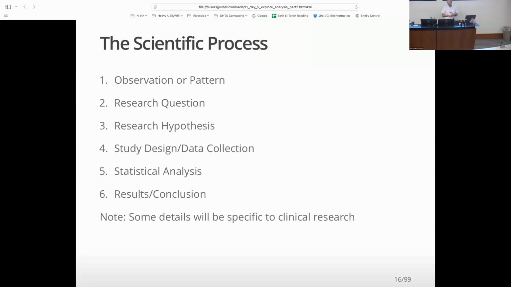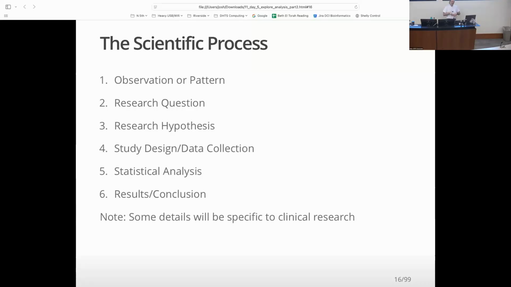Another caveat is that if you look around, people will phrase these steps differently and sometimes order them differently. And the third huge caveat is that this is a theoretical way of thinking about science, but if you were an anthropologist watching scientists, you might see that the process isn't really linear like this.